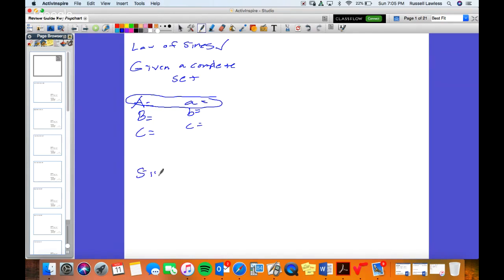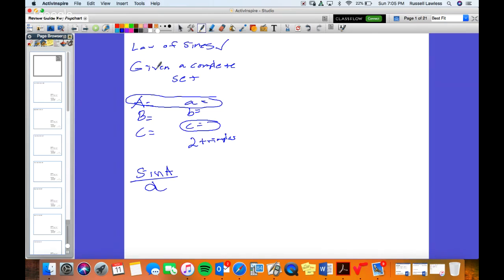And again, that's the sine of A over A kind of stuff. And the special case for law of sines, if you're given a complete set and a side, that means that you have a potential of two triangles. And again, that is only for a complete set and a side.